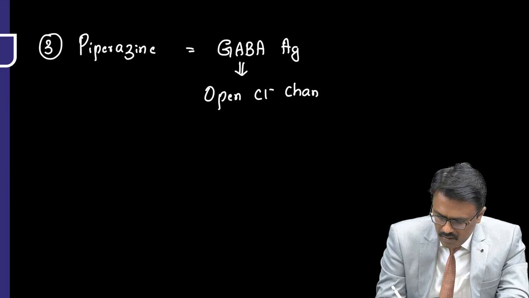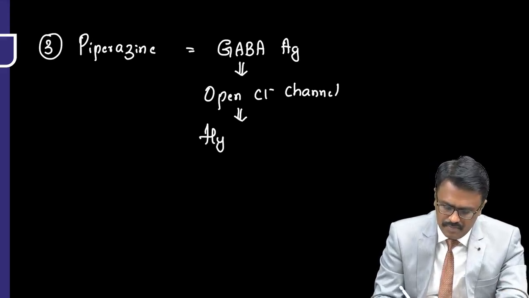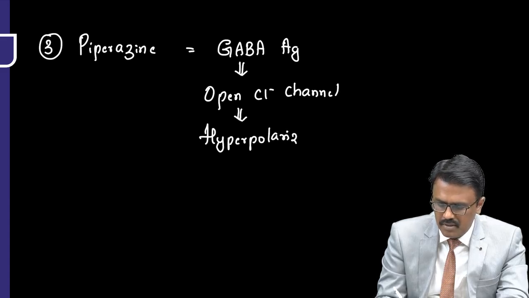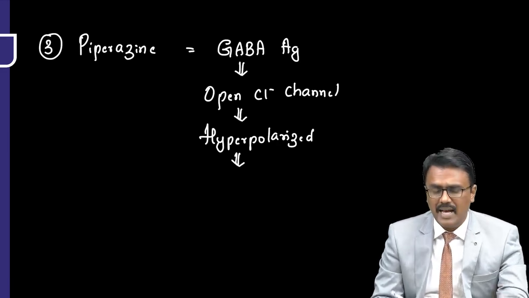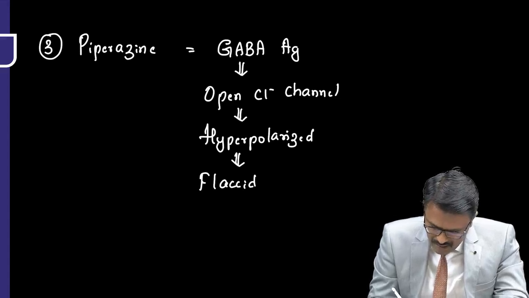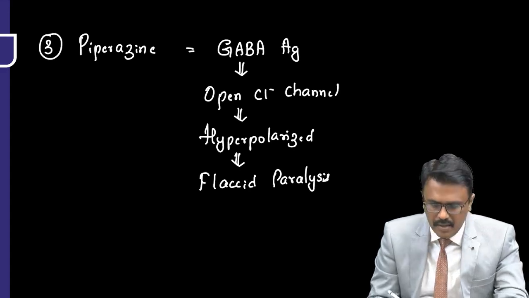What happens if the chloride channels are opened? Obviously the cells are hyperpolarized in the helminth. That will lead to flaccid paralysis.